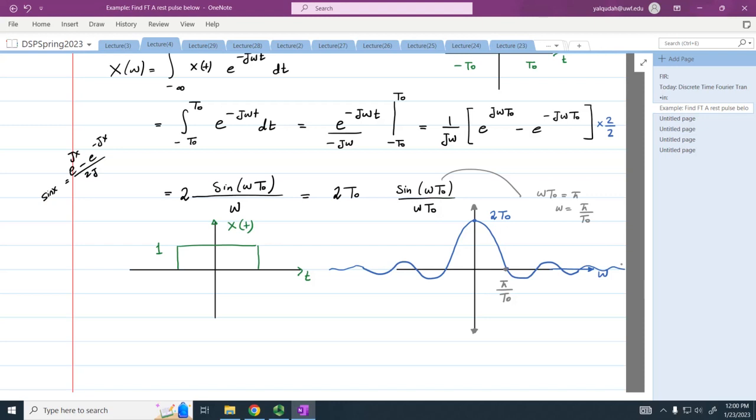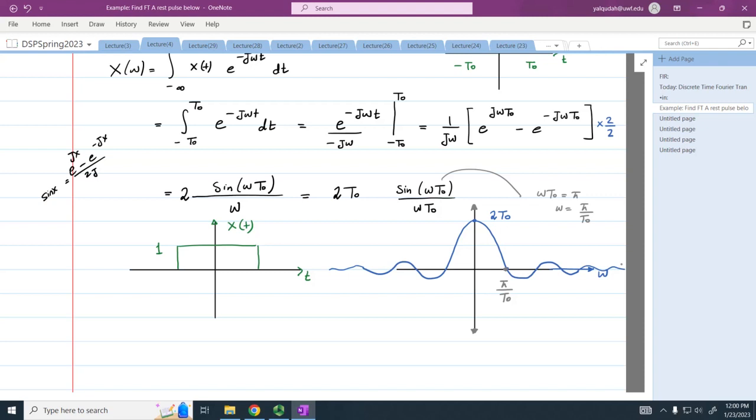Now one thing, just keep in mind, this is time limited, isn't it? It only exists for finite time. What happens to it in the frequency? It becomes band unlimited. Any time limited signal is going to be a band unlimited signal. Okay.